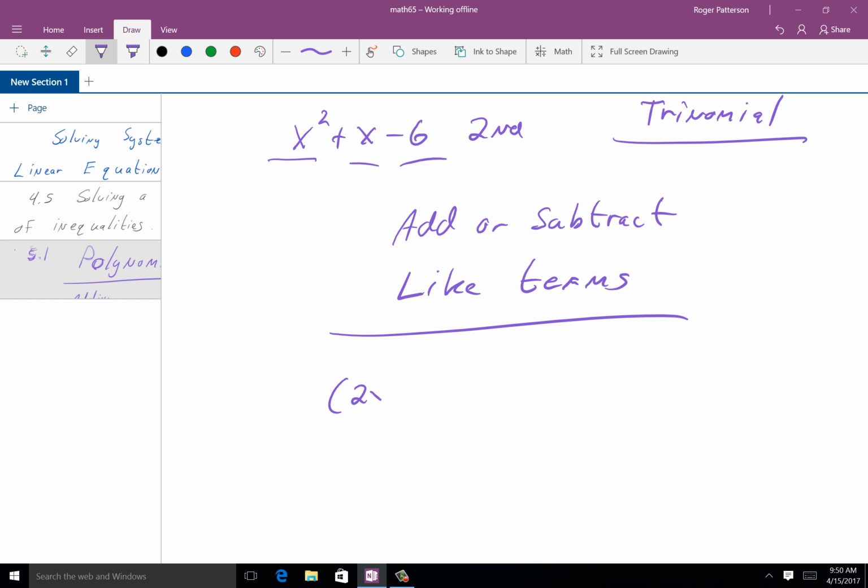So here we're going to get 9y squared. And then let's see, we got a plus y, plus 3y. Again, I'm starting with that highest power, working my way, minus 19. So that would be a trinomial.